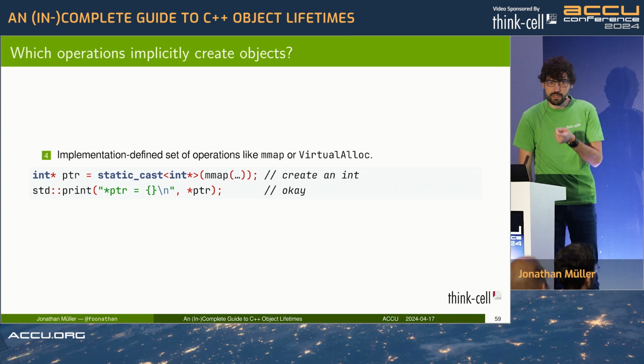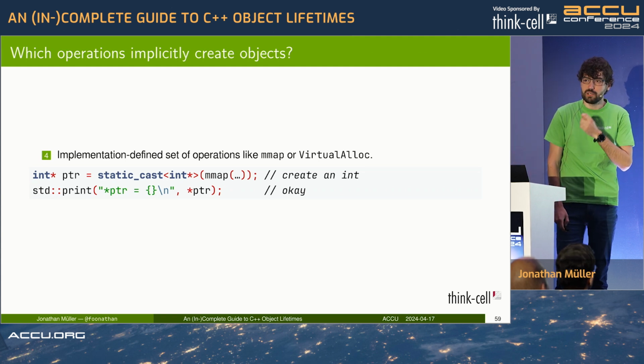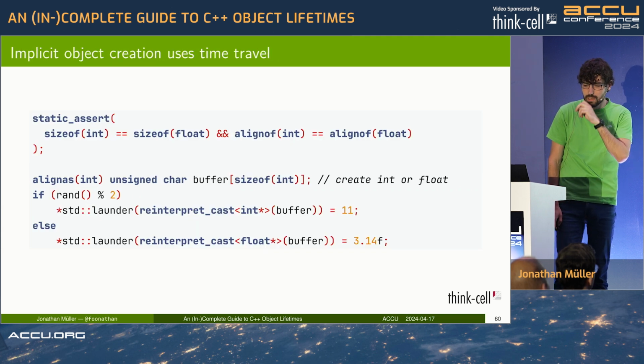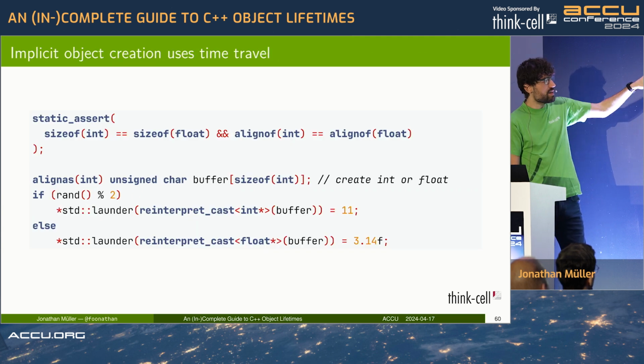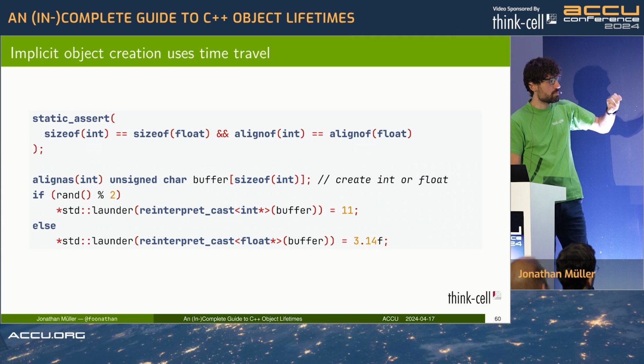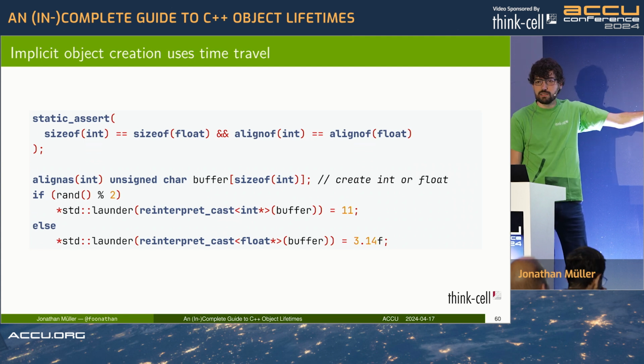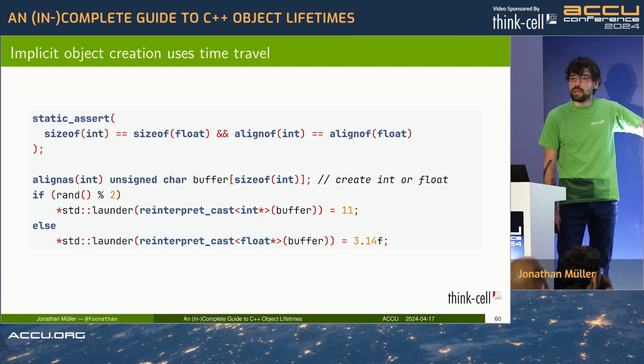Now, while this is certainly useful, it's also pretty bizarre, because for starters, it uses time travel. So in this code, we've got a buffer that can fit both an int and a float. And then we roll a dice, and depending on the dice roll, we either use it as an int or as a float. Now, it's important that the reinterpret_cast doesn't do anything. It doesn't create any objects.